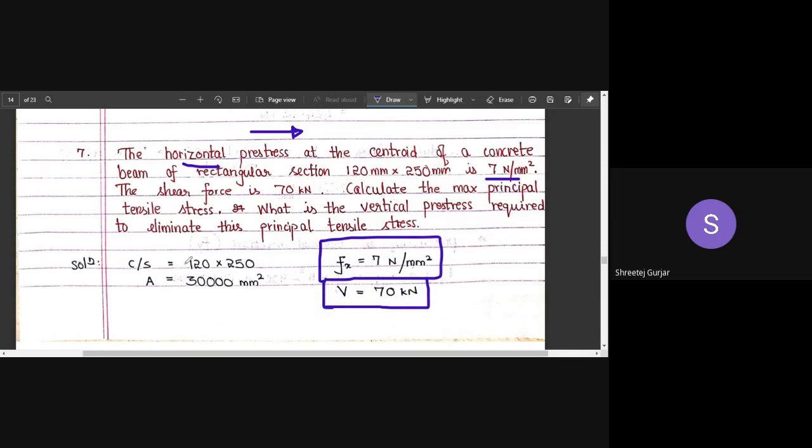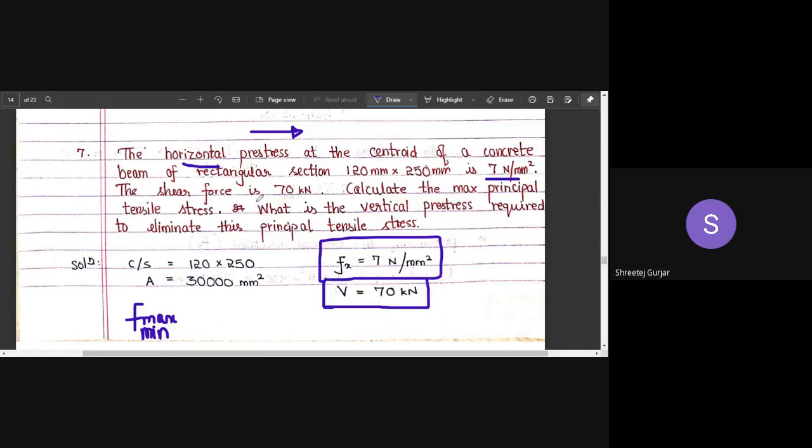We have to calculate the maximum principal tensile stress, that is F minimum. F maximum will give you compressive stresses, F minimum will give you tensile stresses. So I have to use the F minimum formula. What is the vertical pre-stress required to eliminate this principal tensile stress?